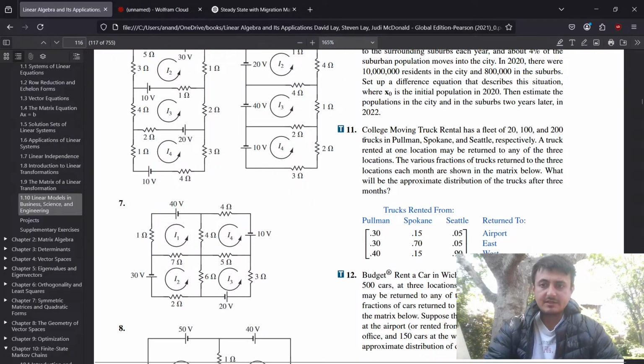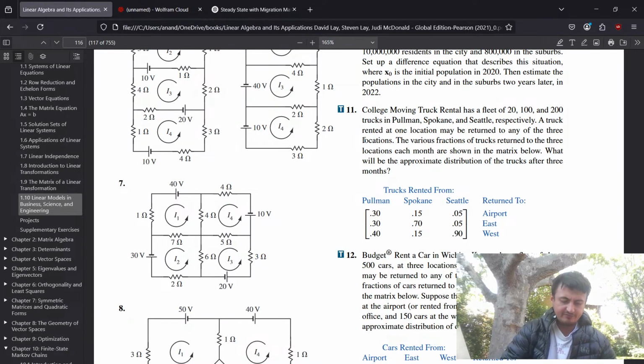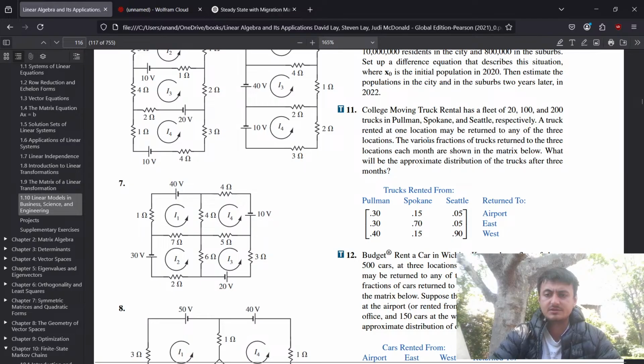All right. So the initial condition for 11 is 20, 100, and 200. A truck rented at one location may be returned to any of the 3 locations.